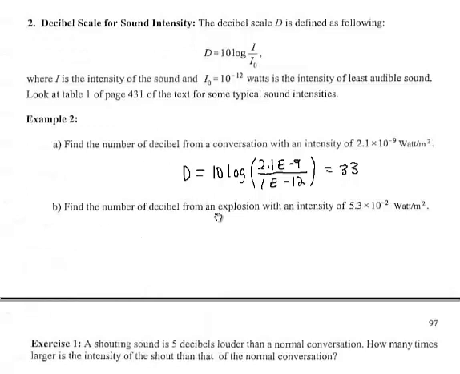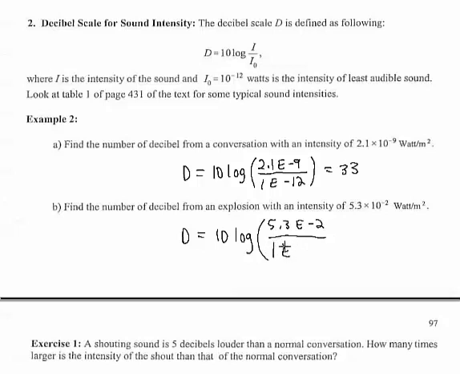B reads, find the number of decibels from an explosion with an intensity of 5.3 times 10 to the negative 2 watts per meter squared. So we write D for decibels, and 10 times the log, 5.3 e negative 2, shorthand way of writing it into the calculator.